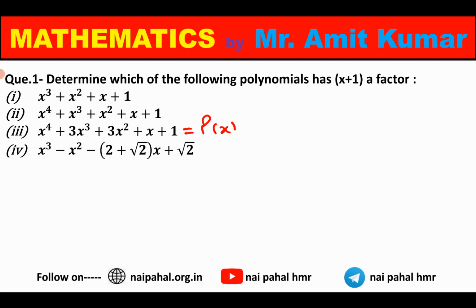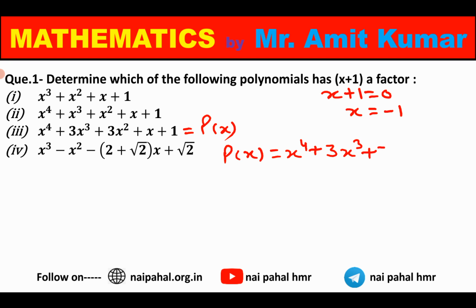taken as polynomial p(x). Again the same way, x plus 1 equals 0, then the value of x will be minus 1. Let's put it, the polynomial is given as x to the power 4 plus 3x to the power 3 plus 3x to the power 2 plus x plus 1.